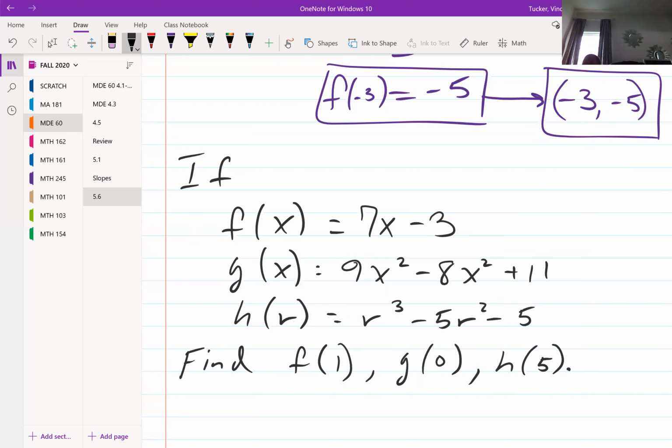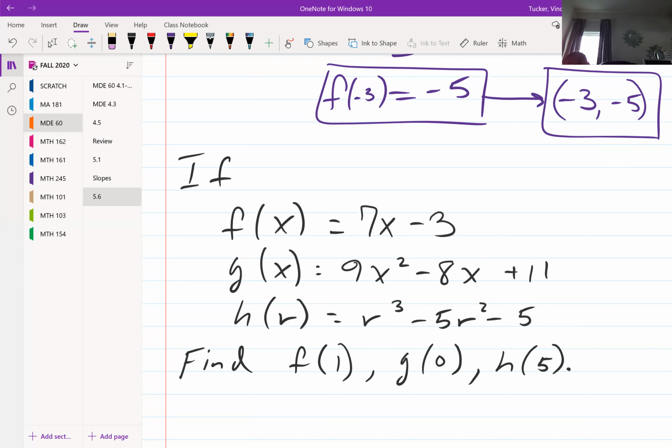All right, so if f of x is equal to 7x minus 3, g of x is equal to 9x squared minus 8x squared. I meant that should be 8x, not 8x squared. So 9x squared minus 8x plus 11. And h of r is r cubed minus 5r squared minus 5.